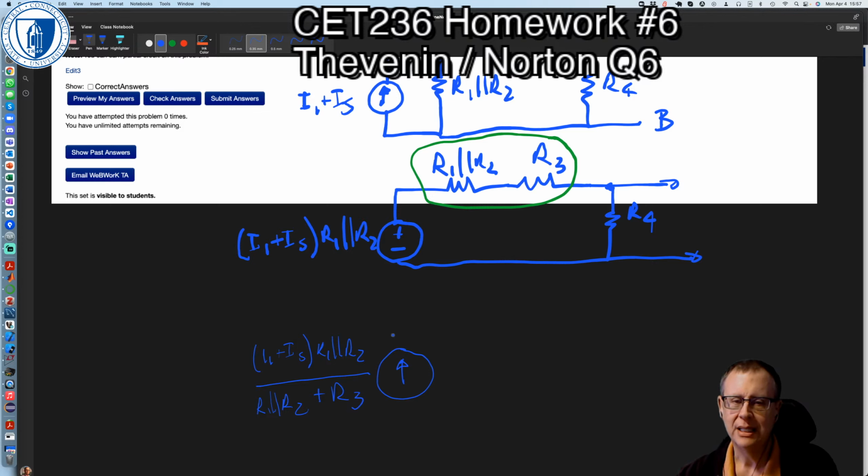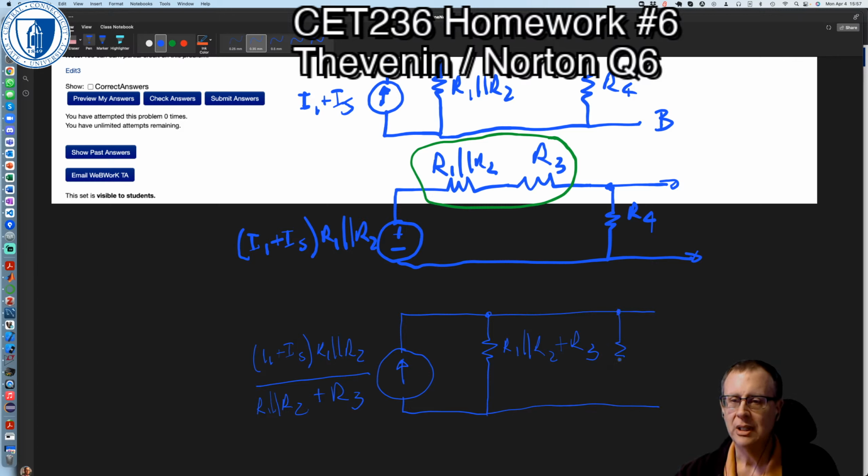Right, so V on R gives us I, and then we're left with just R1 in parallel with R2 plus R3, because they were in series in the Thevenin.